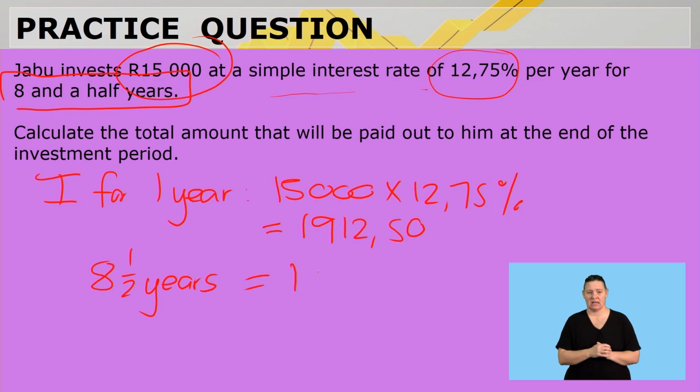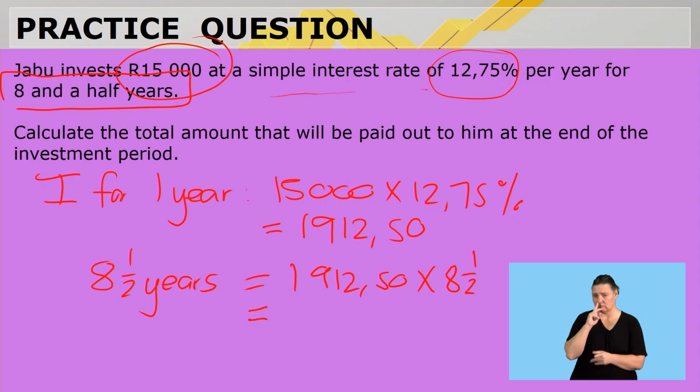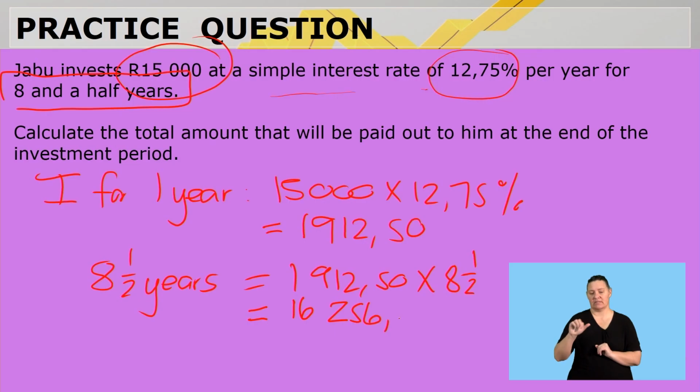So for the 8.5 years, don't let the half year scare you. Just say 1,912.50 times 8.5. It's not like compound interest where it gets confusing. And that is 16,256 Rand 25.